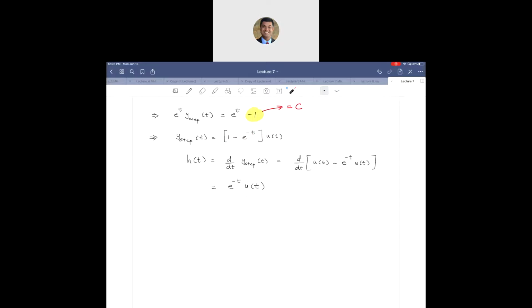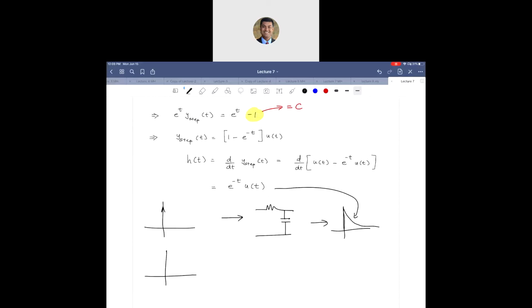Differentiate y step, you get the impulse response. So differentiating this will require differentiating that, which is e to the negative t u of t. Which means that when an impulse goes into an RC network, the capacitor is going to charge and discharge, so you get back e to the minus t u of t.